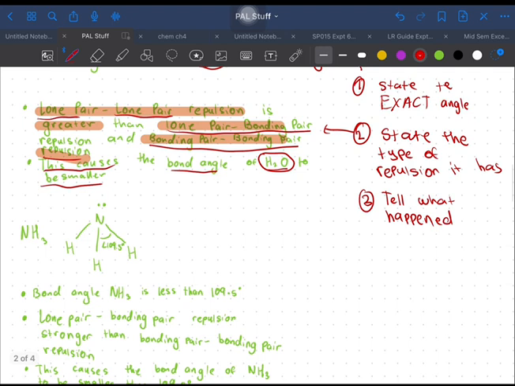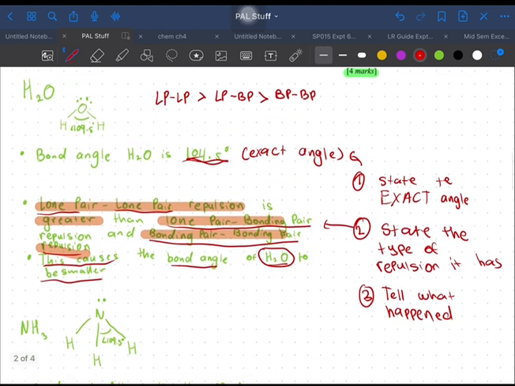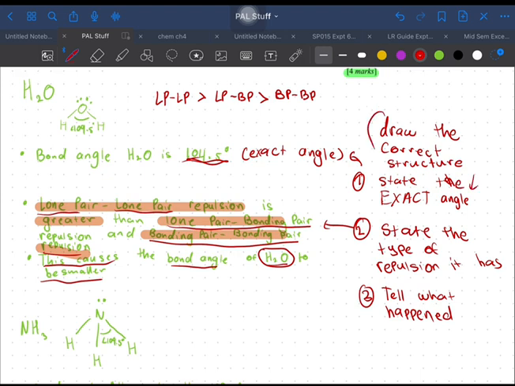So for NH3, we have to draw. Before all of this, we have to know one thing. Draw the correct structure. Because if we want to know the exact angle, we need to know the correct structure.